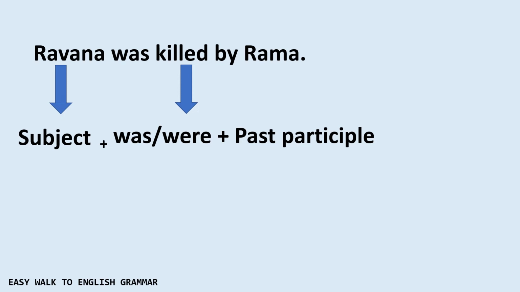Again, in passive voice, we have to add the preposition by before the agent. The preposition by is almost a must in a passive voice. After the preposition by, we have to add the agent.